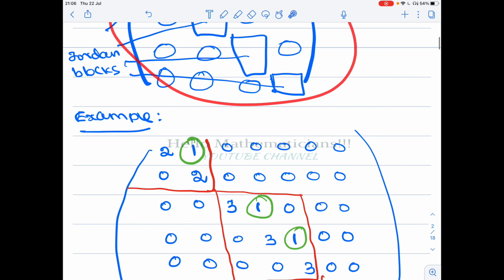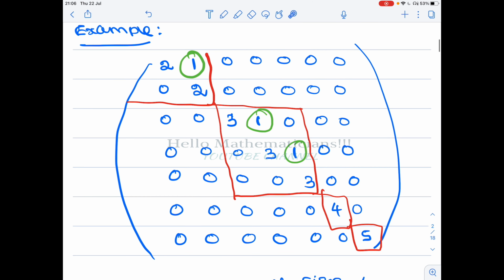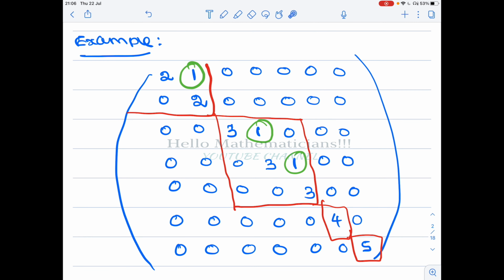Okay, let's see an example of a Jordan matrix. This is a Jordan matrix and these are Jordan blocks. If you look at each block, each block is an upper triangular matrix. So inside the block also there are lots of zero entries.